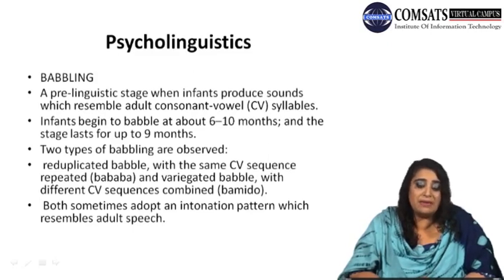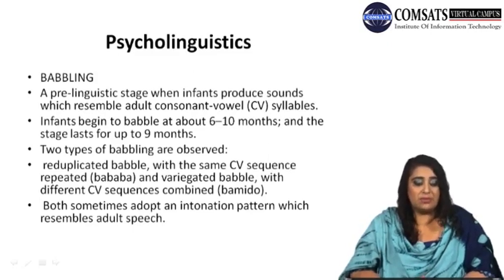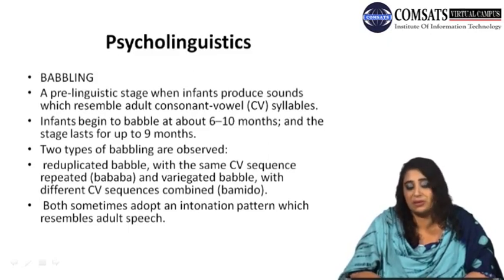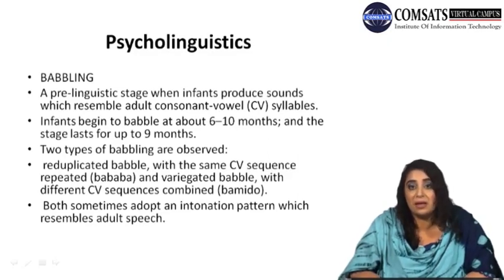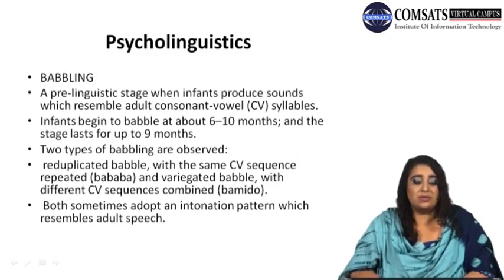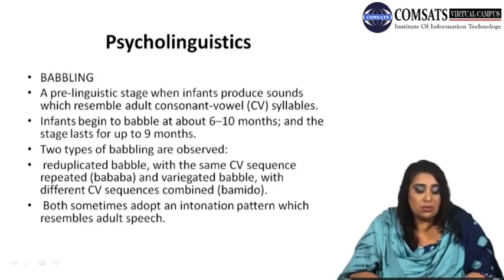Now, two types of babbling are observed. Reduplicated babble, where they hear somebody and imitate with the same consonant vowel sequence repeated: ba, ba, ba. And variegated babble, with different consonant vowel sequences combined: bamido.